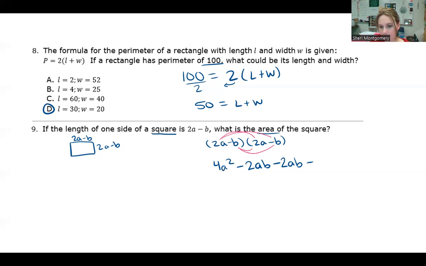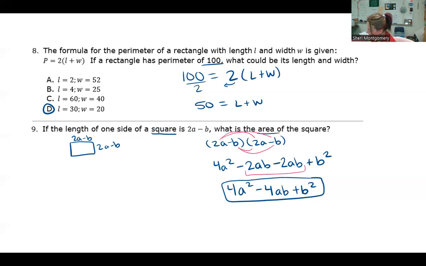Negative times a negative is a positive. b times b is b squared. I can't do anything else with that. Oh, no. I can combine middle terms. I was getting too excited. So 4a squared minus 2 and minus 2 is minus 4ab, plus b squared. And that's all I can do.